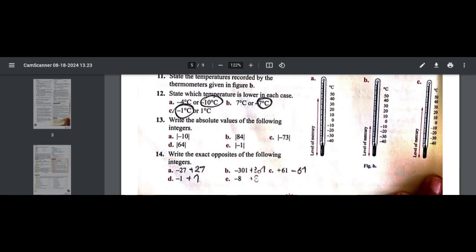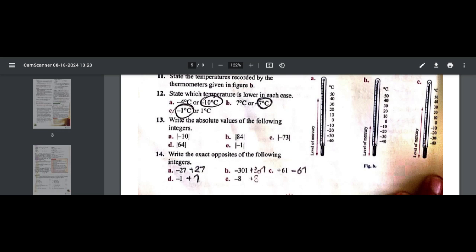Just tell me, what will be the absolute value for minus 73? 73. For 64, it's 64 itself. Minus 1? 1. Yes. Okay. Now you have to write the answers in your textbook.